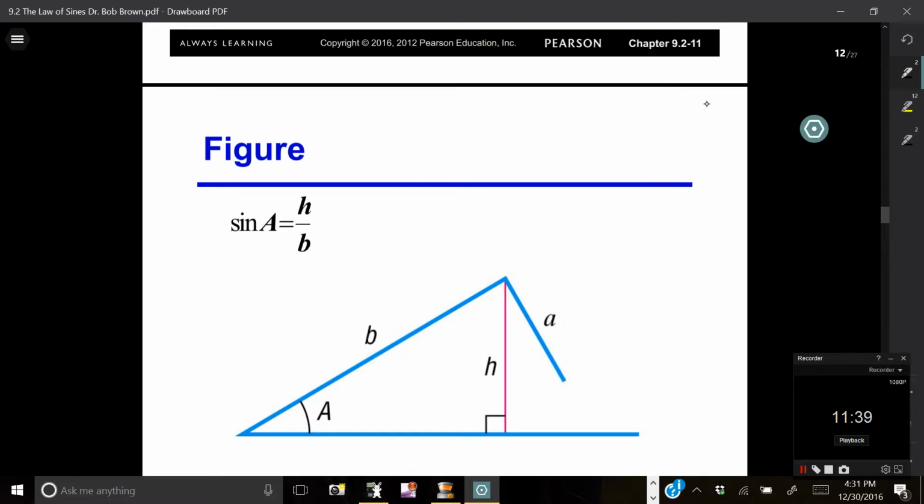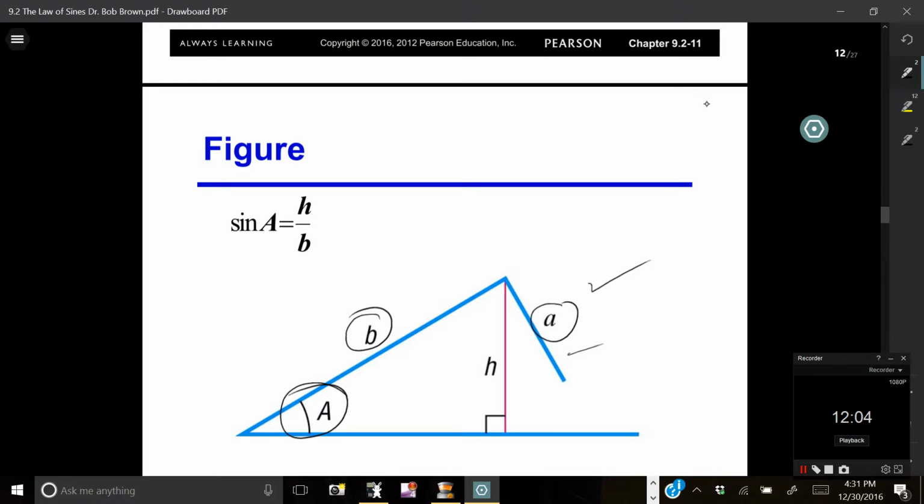For instance, if you're given side A and side B and angle A, then depending on what A is, you may or may not have a triangle.